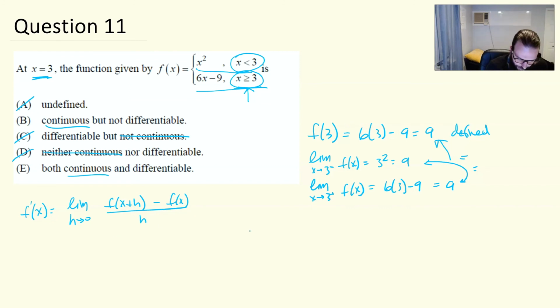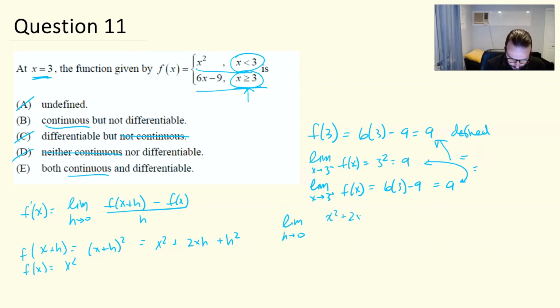So x plus h for the top function, the f of x plus h, is x plus h all squared, which is x squared plus 2xh plus h squared by virtue of FOIL. The f of x is just x squared. So we will take the limit as h approaches 0 of x squared plus 2xh plus h squared minus x squared all over h. And you'll see that the x squared subtract out neatly. And then we can divide everything by h.